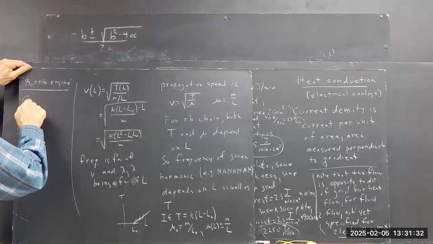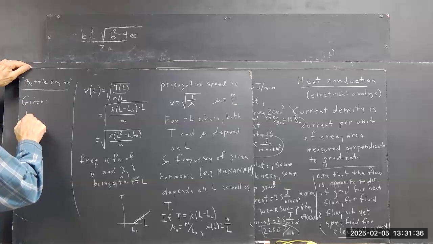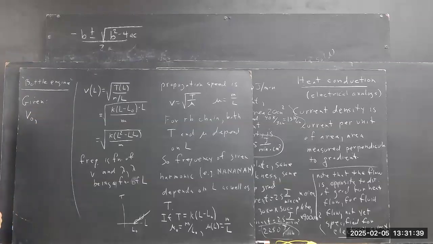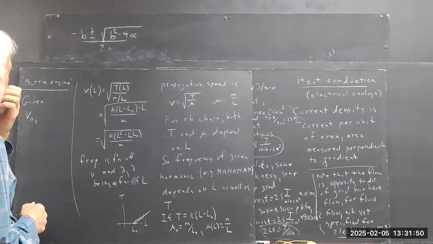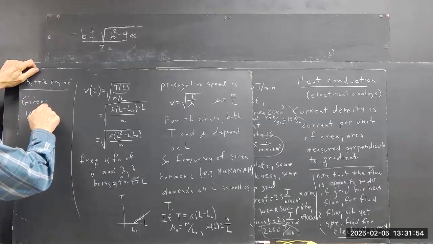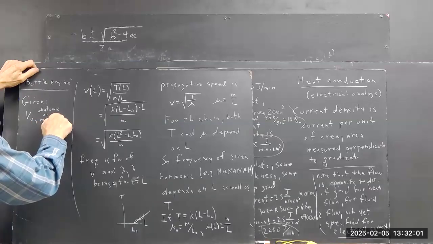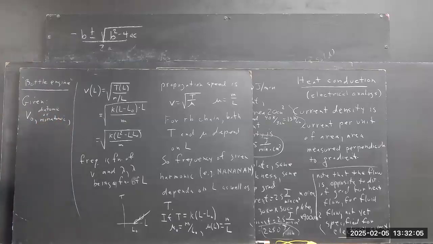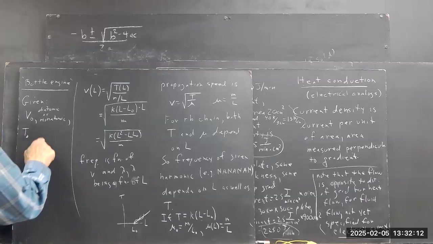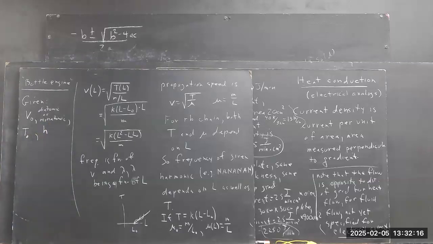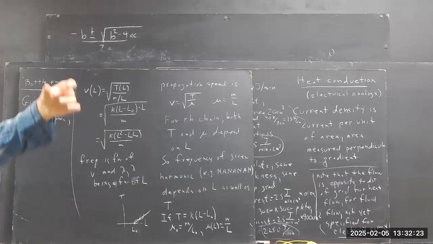What we want to do is say, given B naught, the word for whether the gas is diatomic or monatomic, T naught, and H. T naught is your initial temperature, B naught is your initial volume, and H is the distance to which you're going to raise the water.